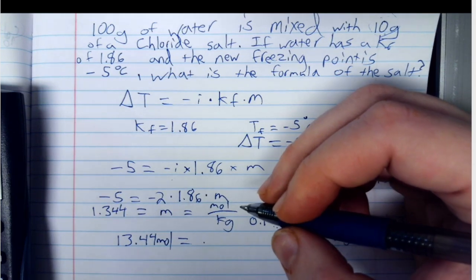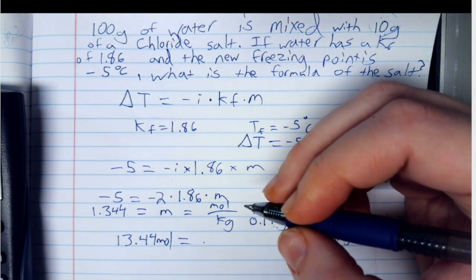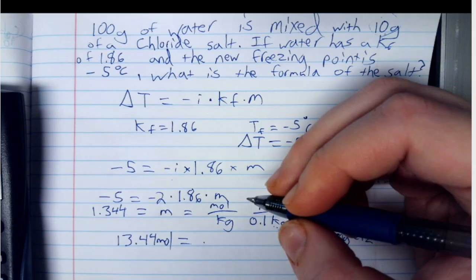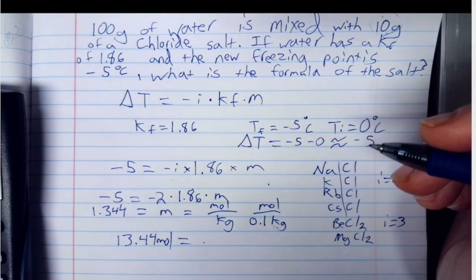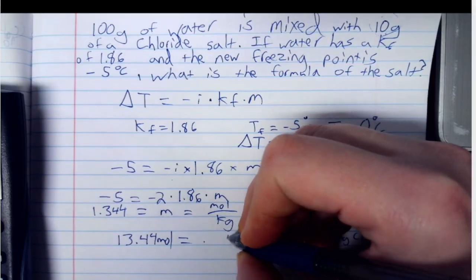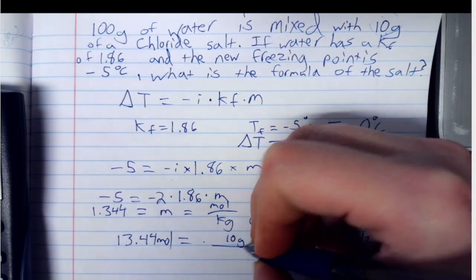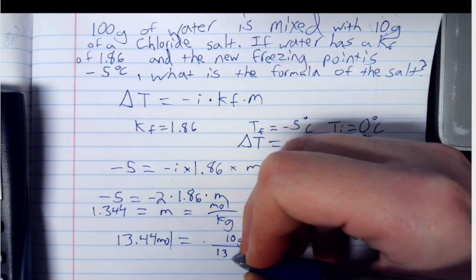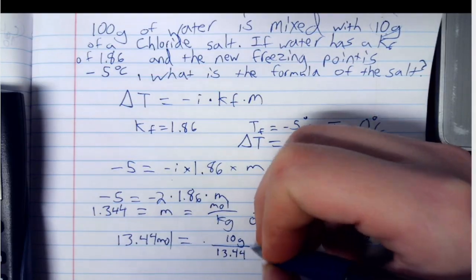So if we take the grams and divide by the moles, this would give us the molar mass.